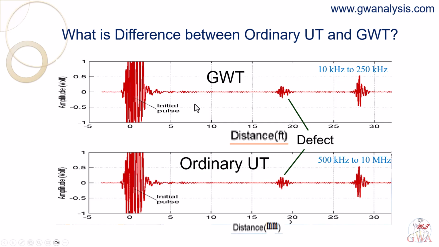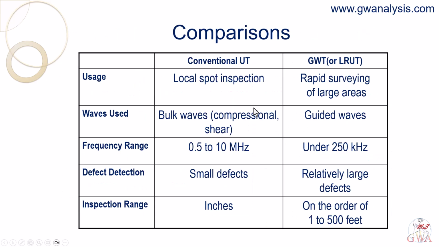Therefore, each small section of guide wave testing data should be analyzed with the same physics and rigor used in the ordinary UT. Do you believe that you can differentiate A-scan data of ordinary UT from that of a small section of guide wave testing if the x-axis scale is covered?